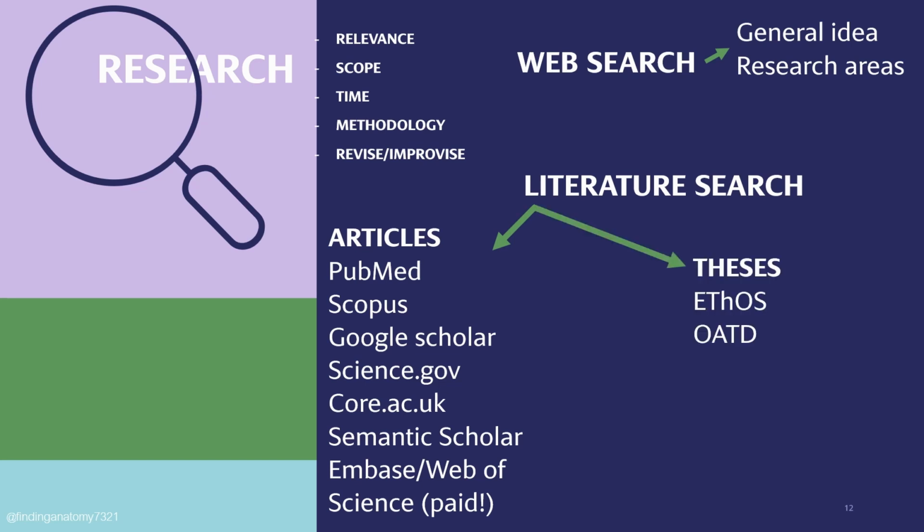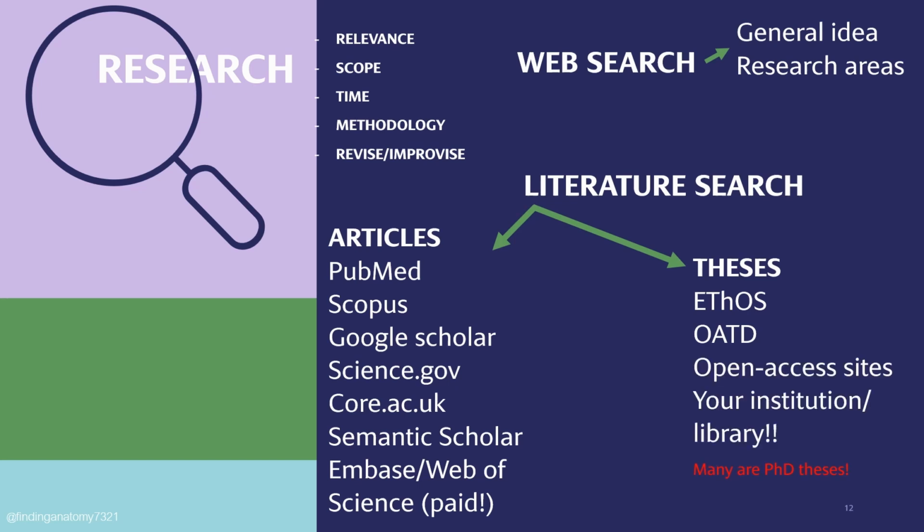Another thing to look at would be the previous theses. There are quite a few websites that I've listed here that you can use to look at prior theses. But most importantly, you should have a look at your own institution and library and look for what the previous batch of students has done.